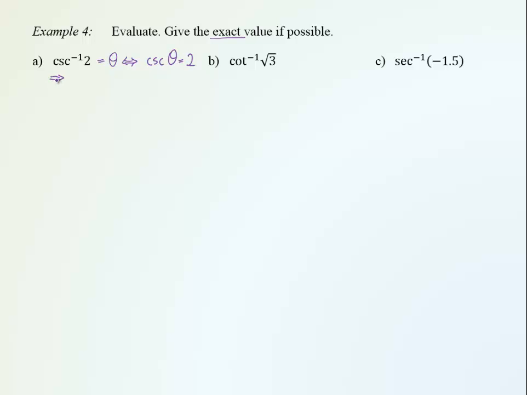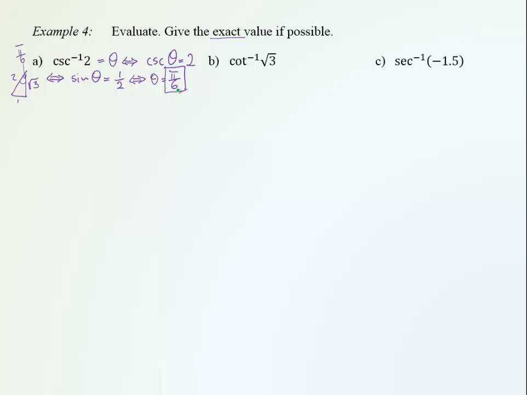Well, cosecant is 1 over sine, so that's the same as sine of theta is equal to 1/2. We know that sine of theta is 1/2 for the angle pi over 6. So our angle theta is pi over 6, and that's the value for arccosecant of 2.